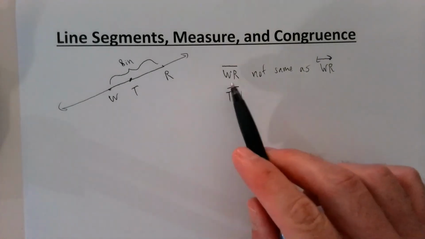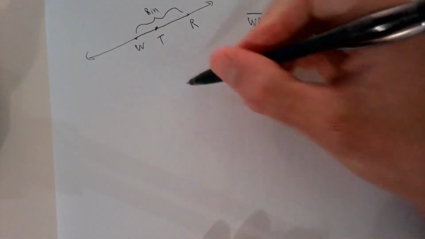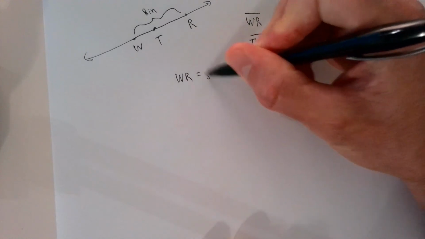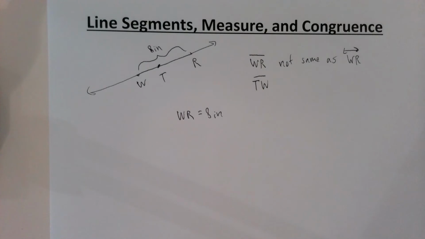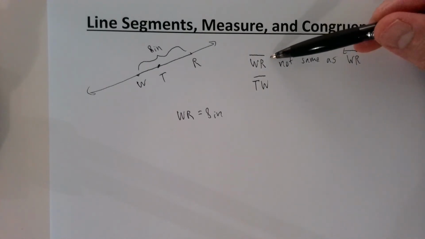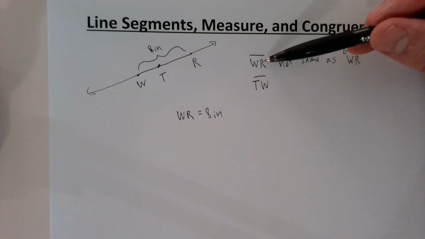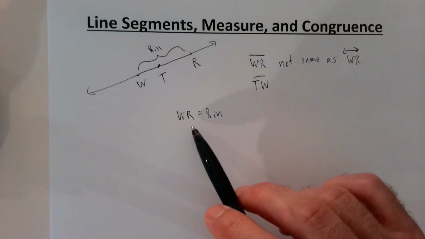Now if we want to describe it using notation, we would say WR equals 8 inches. That's slightly different from what I already have listed. This is the segment WR. This is saying, look at the finite part of my line, starting at W going to R, or from the opposite point of view, starting at R and going to W. This is telling me how long that segment is.